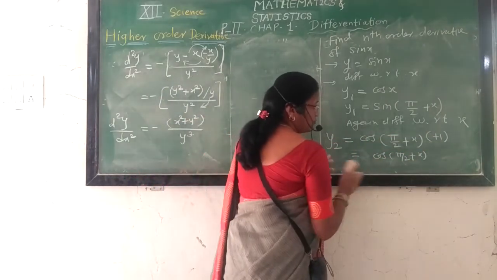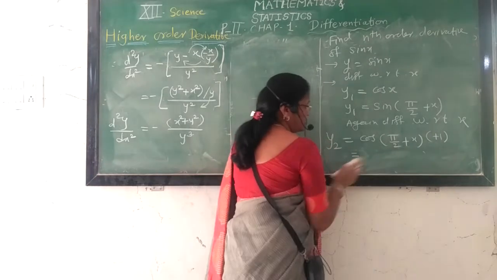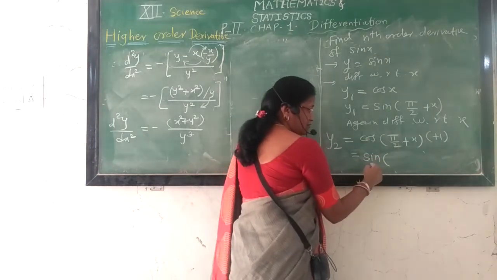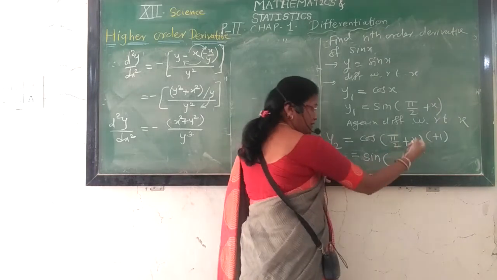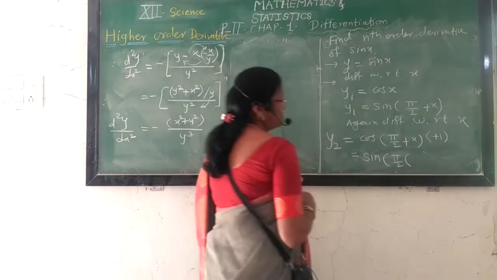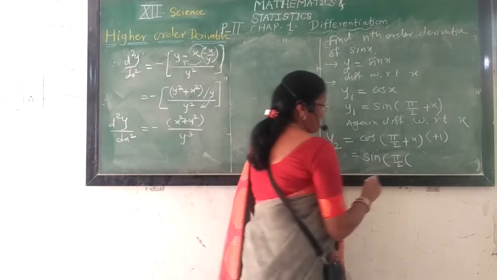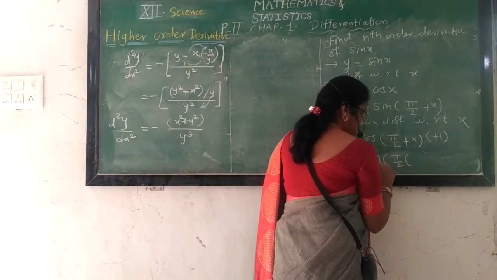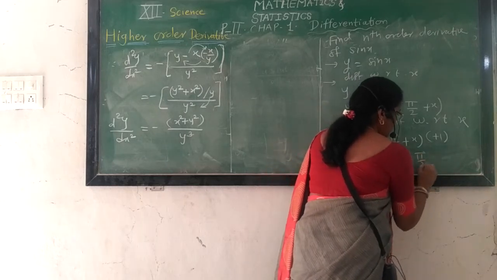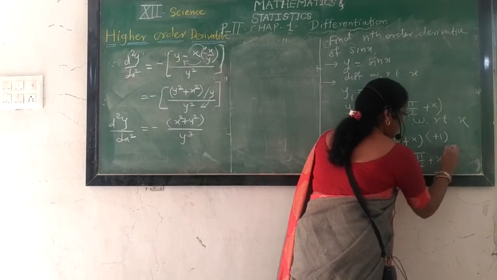Now cos of pi by 2 plus x can be converted into sin. How do we take that? Replace cos by sin and then take the complementary. How do you write this function? Sin pi by 2 plus x is sin of pi by 2 plus pi by 2 plus x.